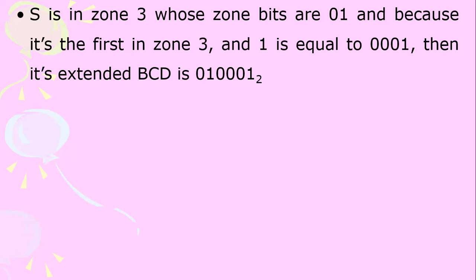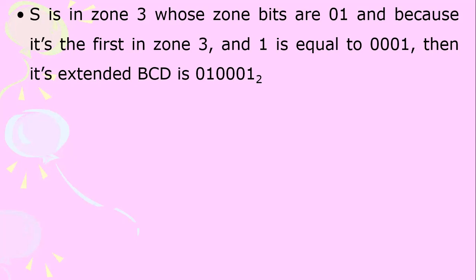And because S is the first character within the zone, it gets 0, 0, 0, 1, which is equivalent to 1 in decimal. Therefore, the full binary digits for S will be 0, 1, 0, 0, 0, 1.